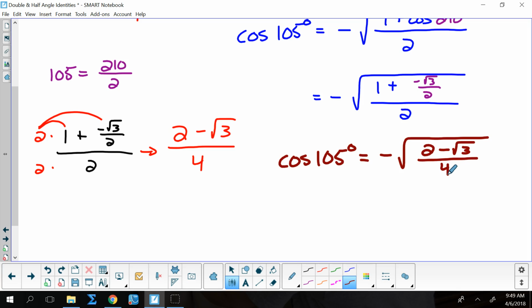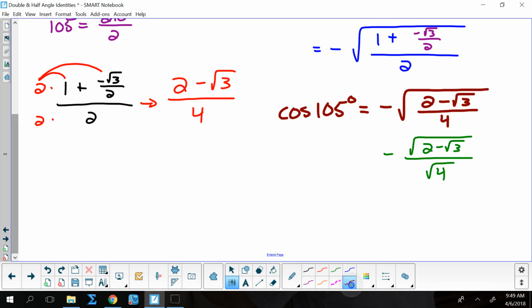Okay? Which, if I went a step further, now I could say that this is negative square root of 2 minus the square root of 3 all over the square root of 4. Right? Radical of a fraction, take the radical of the top and radical of the bottom.